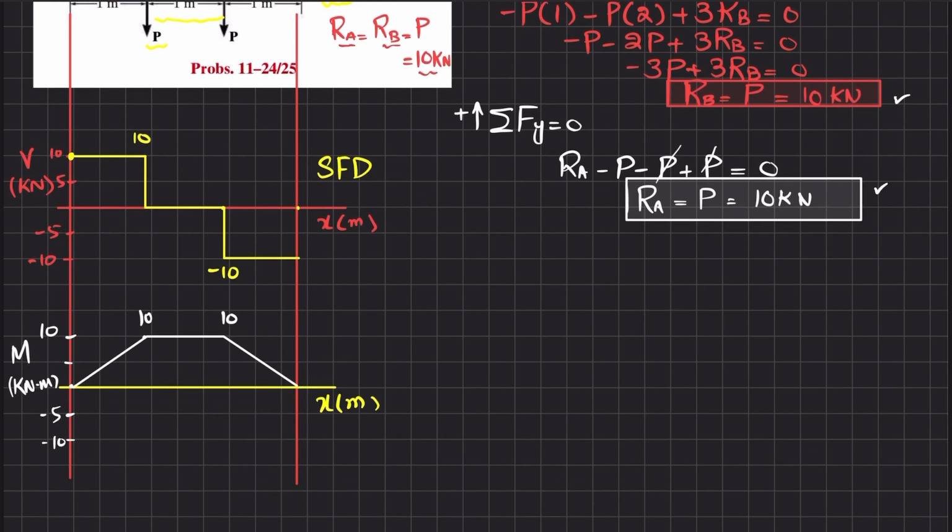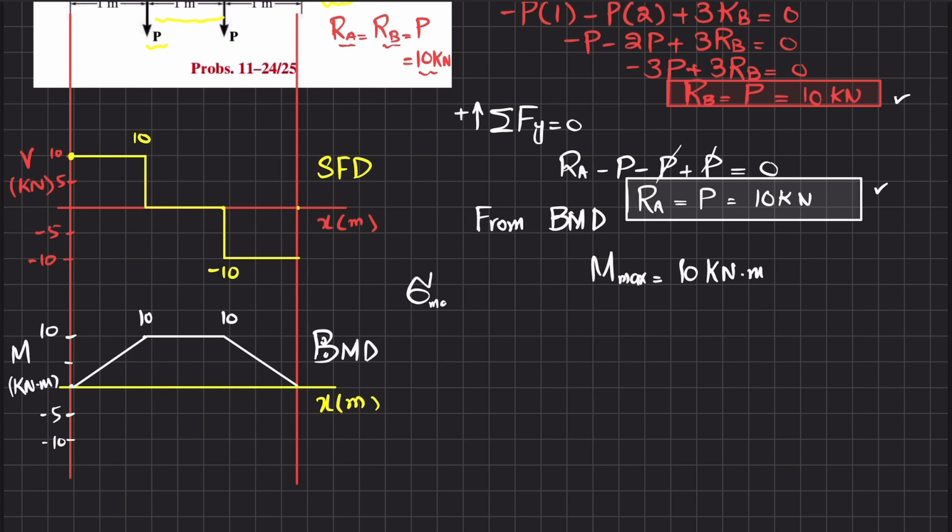So from the BMD, bending moment diagram, you will get the maximum value of bending moment to be 10 kilonewton meter.